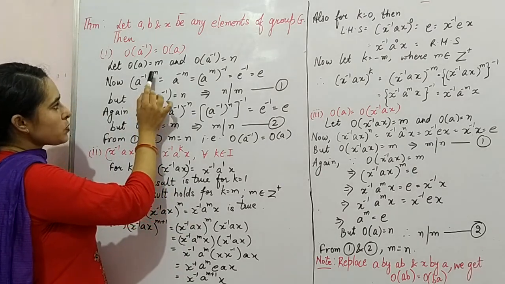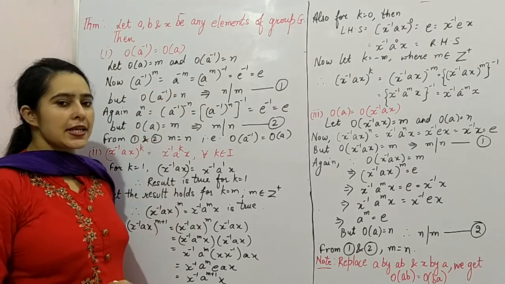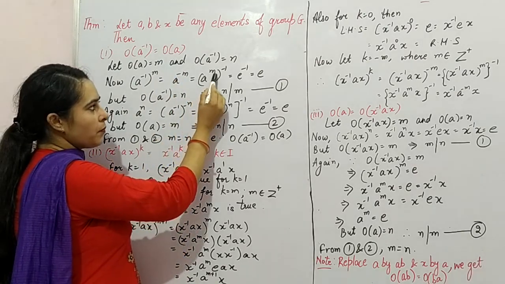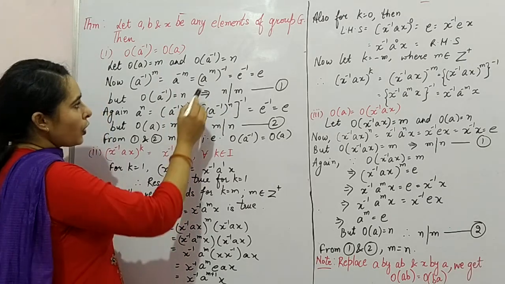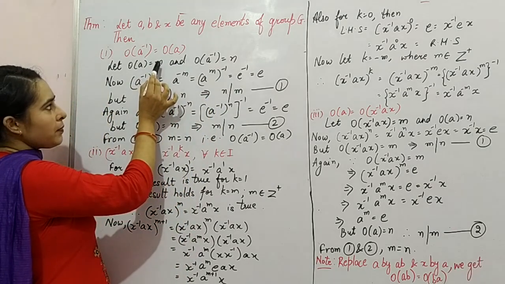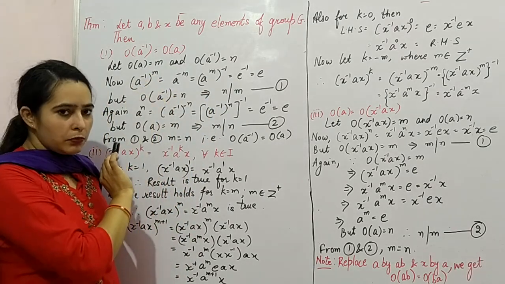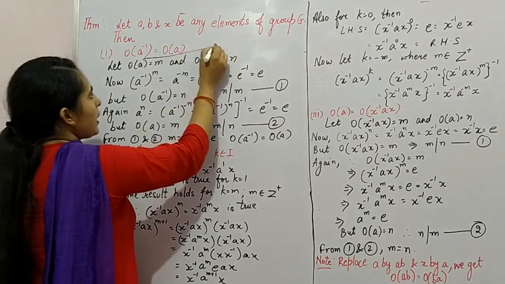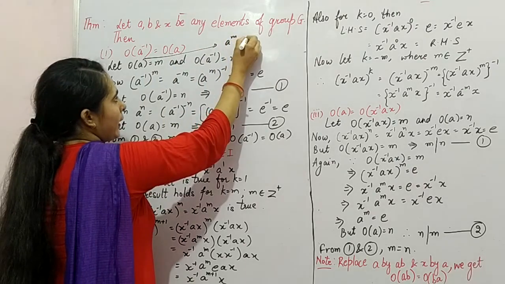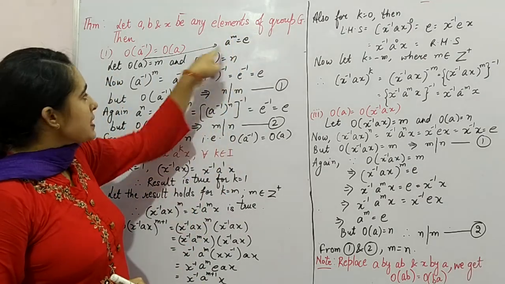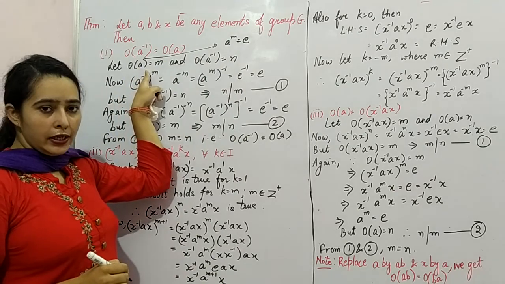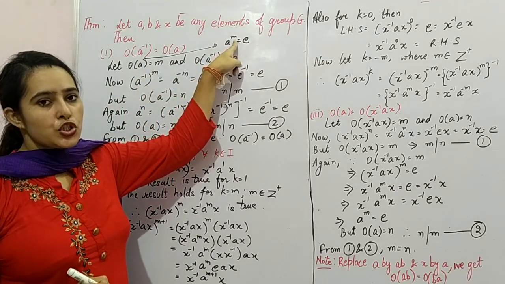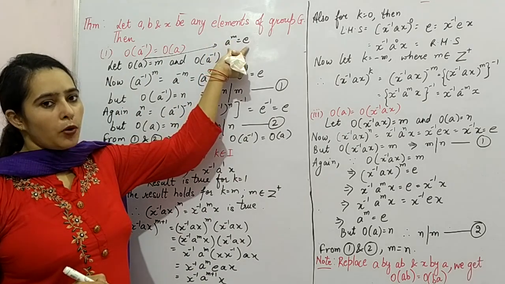Now, a inverse raised to the power m can be written as a raised to the power minus m. Now this can be written as a raised to the power m, whole raised to the power minus 1. Now, what is m? m is the order of a. That means it must satisfy that a raised to the power m is equal to identity, and since m is the order of a, m is the least positive integer which satisfies this property.